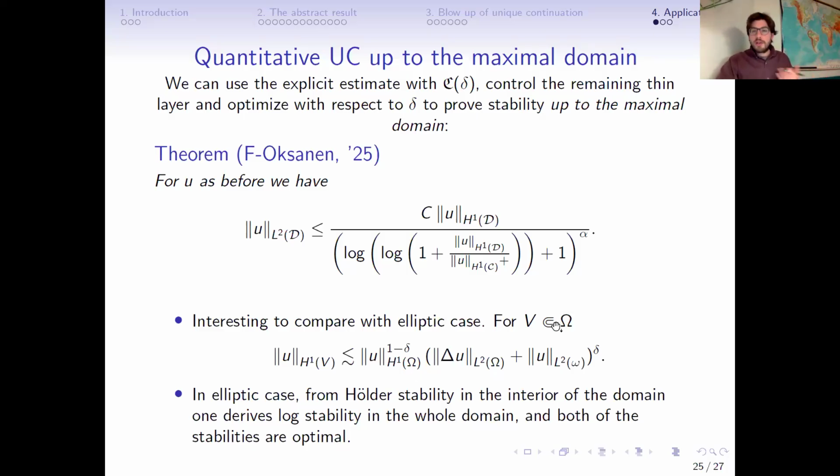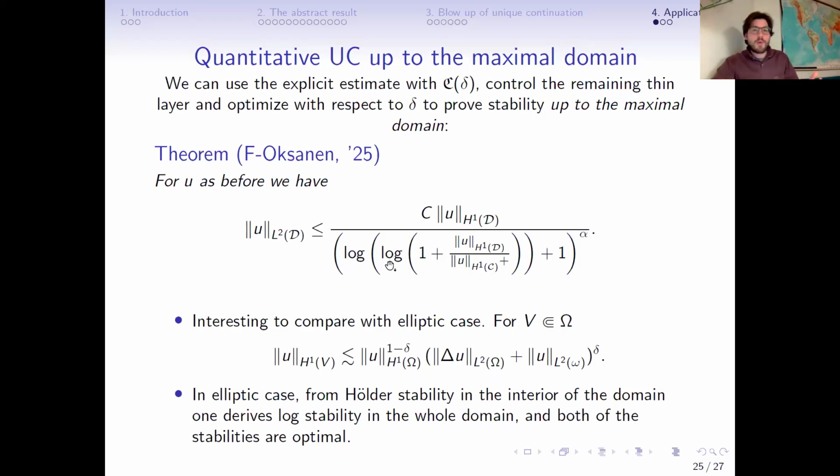But you can also wonder what happens if you want to go up to the whole domain. So what happens in the elliptic case is that you have a log stability. So what I want to say is that I'm trying to make an analogy: in the elliptic case, from Hölder stability, when you are far away from the maximal domain, you get a logarithmic stability in the whole domain.